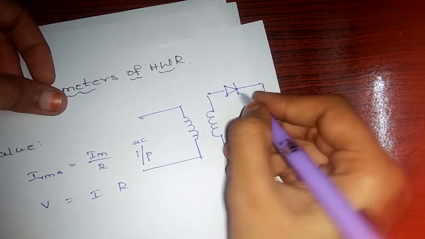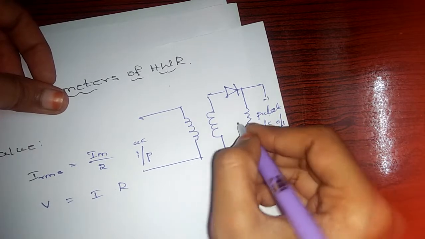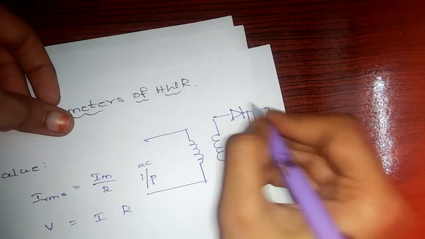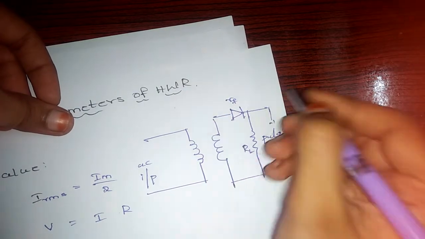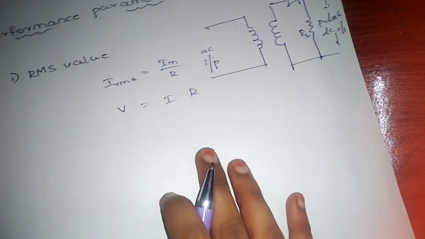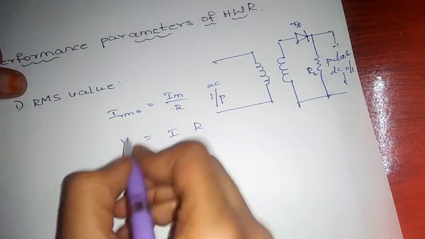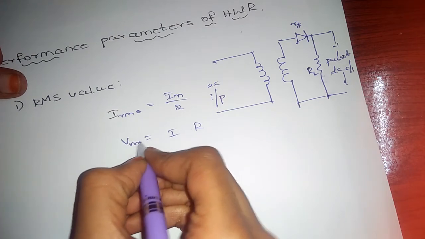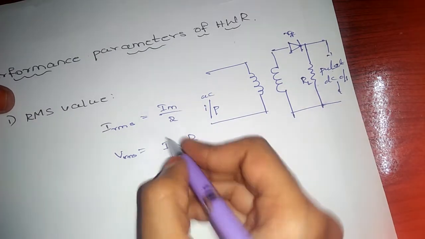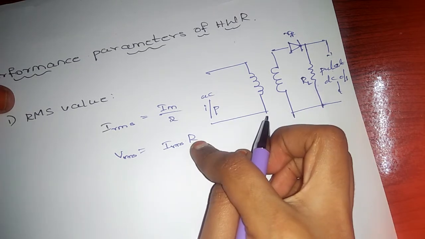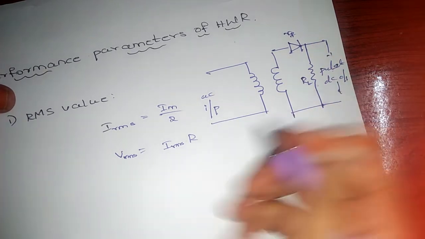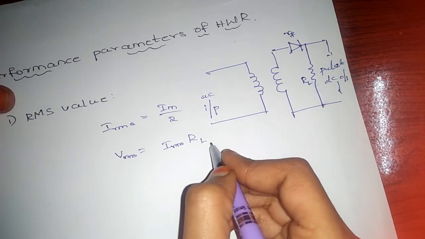Here we also have the load resistance RL, and the diode has some resistance, RF, the forward resistance of the diode. So Vrms is what we want. What is the current that is flowing? I_RMS, and the resistance here is RL.